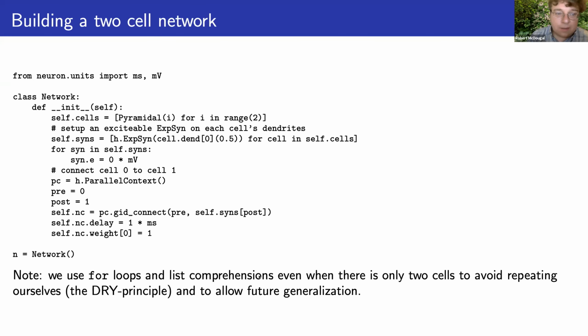Because I don't want to repeat myself, and I certainly don't want to say self.cell0 equals parameter 0, self.cell1 equals parameter 1. That's boring. And also because I might want to generalize this. What if I want to go from 2 cells to 3, or from 3 to many?